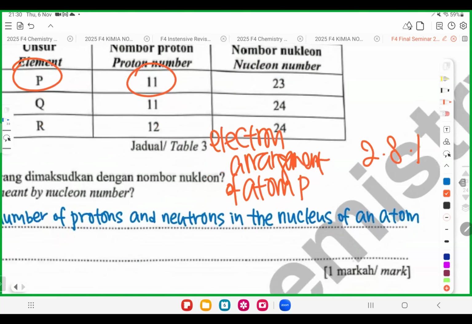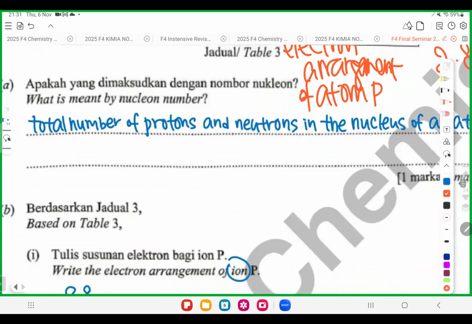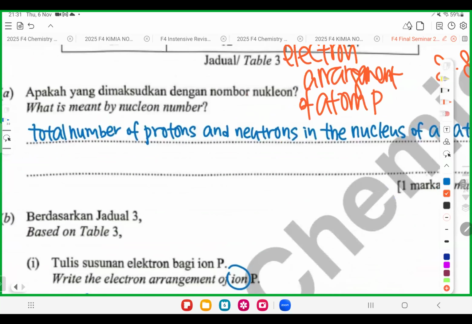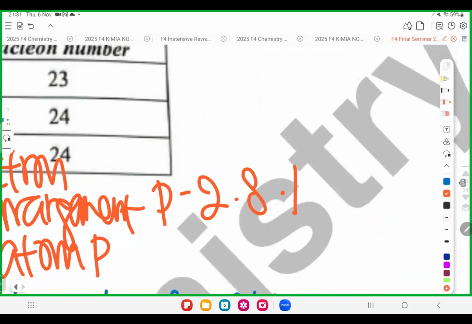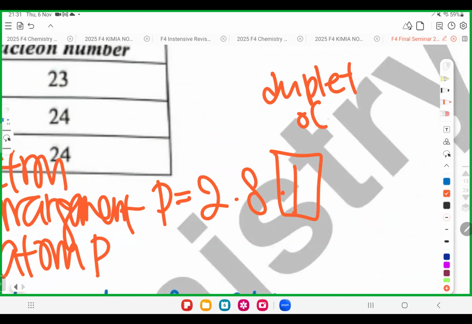But guys, what do they want? They want electron arrangement for ion P. What's the difference between atom and ion? Atom, no charge. Ion, got charge. When you want to become an ion, you need to donate or receive electrons. Why do we donate or receive electrons? We want to be stable. If I have a substance P with one valence electron, am I stable? No. With one valence electron, you didn't achieve duplet or octet electron arrangement, right?